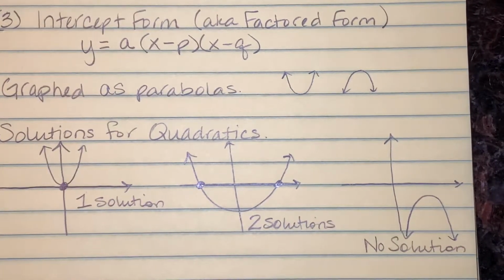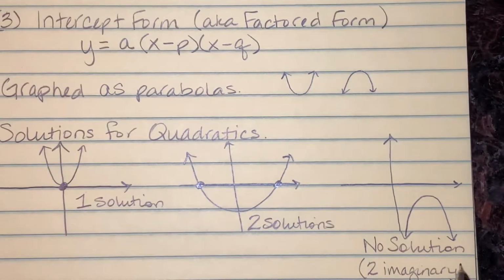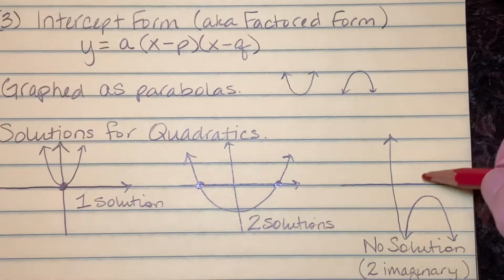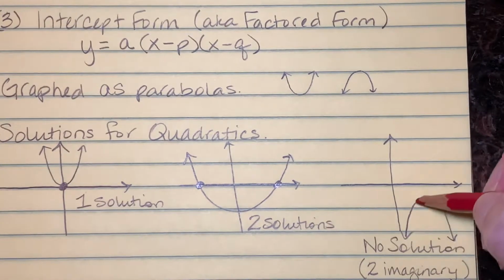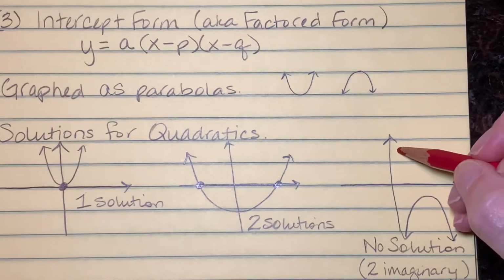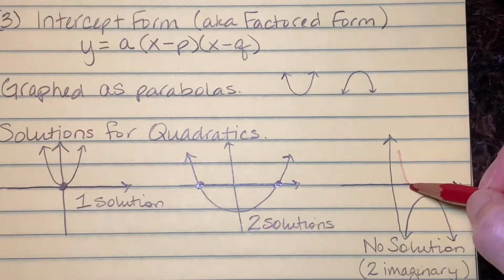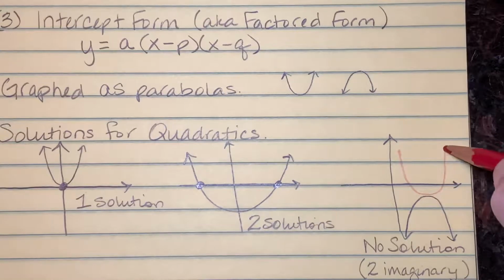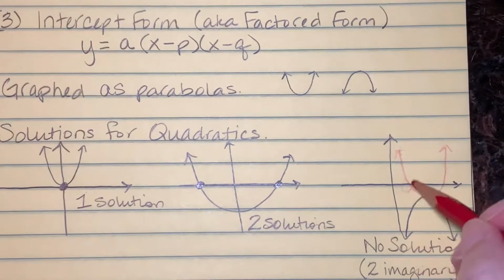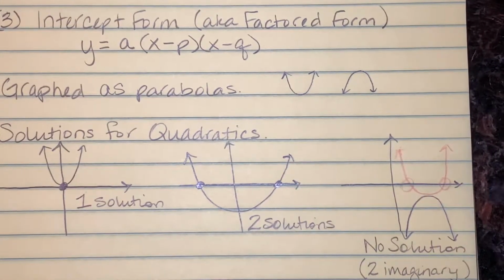And we'll talk about that later. We say no solution, but that means there are two imaginary ones. And we've talked about that before. Do you remember where we've talked about the reflection, where here's my parabola here, but it would do this if it were reflected. And so it has two imaginary solutions that aren't physically a part of the graph. So those are our imaginary solutions.